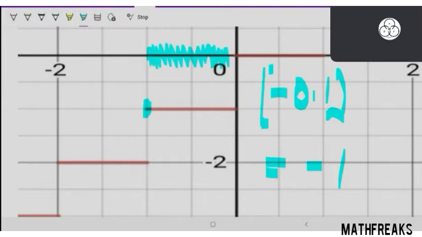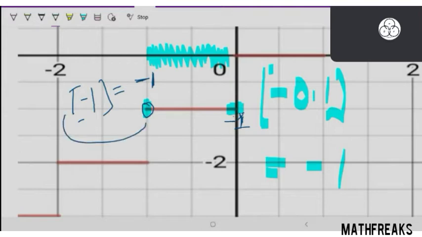For any value, this corresponds to -1. This is equal to -1. This point is again continuous, because when box of -1 will be equal to what? -1, right? So this point is continuous.